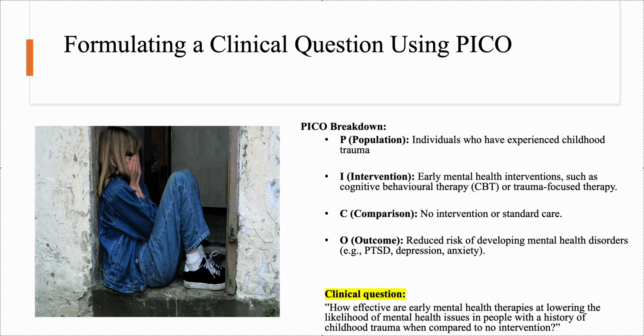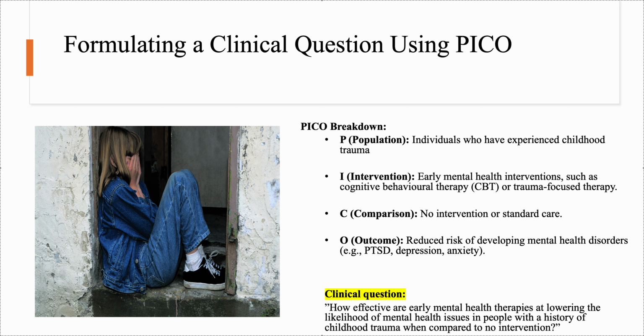For this presentation, I'm using the PICO framework. The PICO framework helps structure research questions effectively by breaking them into four components. As you can see, we have population, intervention, comparison, and outcome.